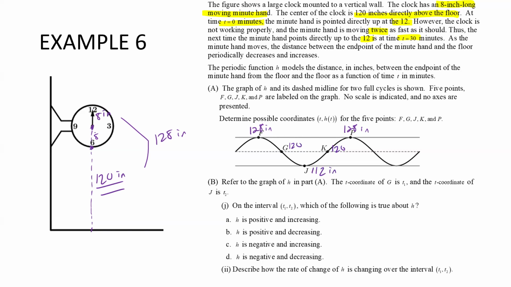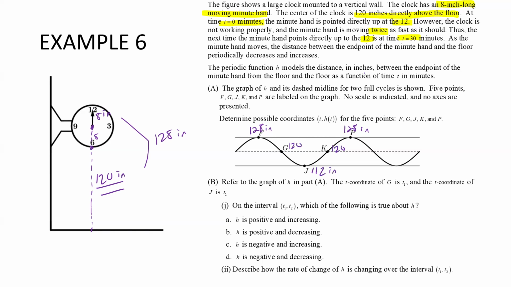Saying from here to here, it's 136, right? No, it's 128. Why is it? Wait, how does that make sense? 8 and 8 is 16. Because this is already including the 8. From the center of the clock to the ground is 120, so this 8 is already accounted for in that 120.